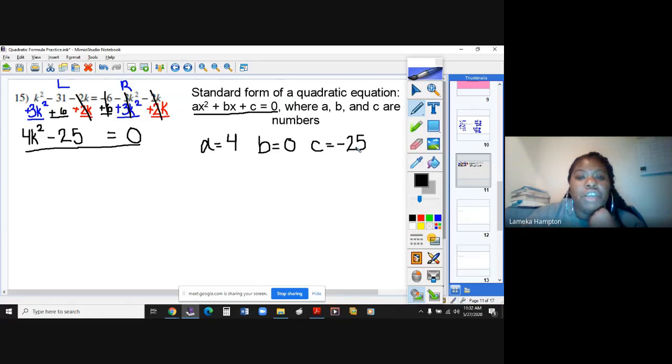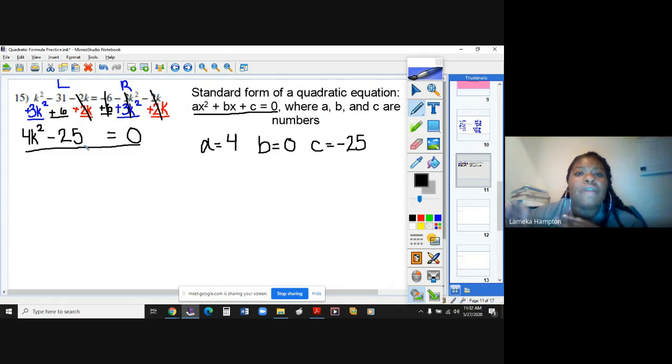No, B would not be negative 25, because remember, when you are working in standard form, you have ax squared. So ax squared is represented by the 4k squared. Bx is technically represented by the negative 2k plus 2k because it follows that same format. Okay.